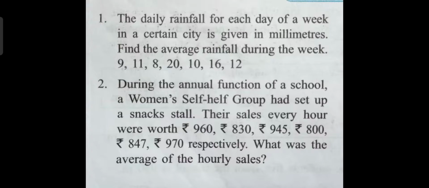What was the average of the hourly sales? So you are supposed to find out the average of hourly sales. So you will add all this and divide by 6, because every hour, no? So in 6 hours how much they earn. Clear everybody? Okay.